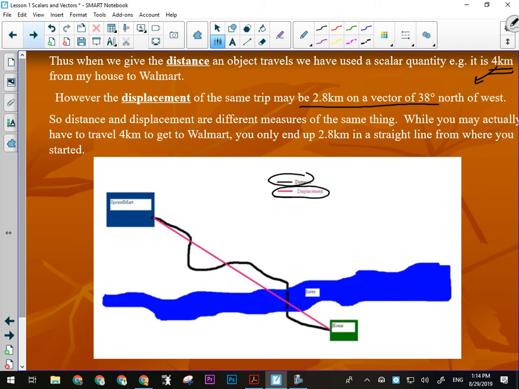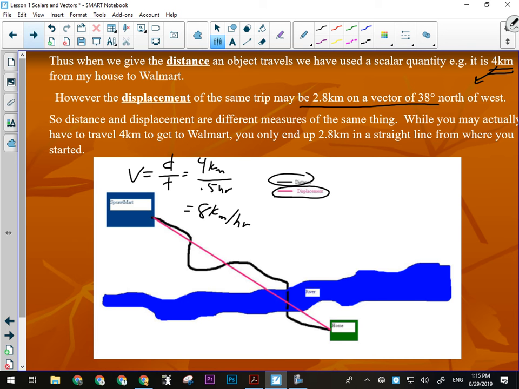How did we do that? We went speed equals distance over time. 4 kilometers in 0.5 hours gives me 8 kilometers per hour. Simple calculation, and you would have done ones like that last year. So my speed in walking from my house to Walmart was 8 kilometers per hour.